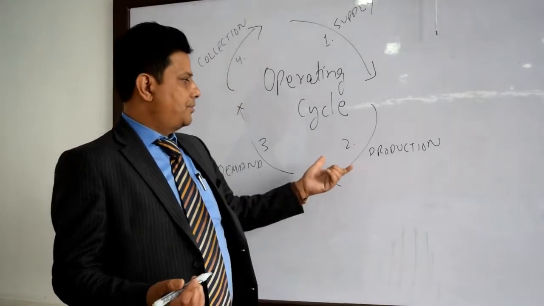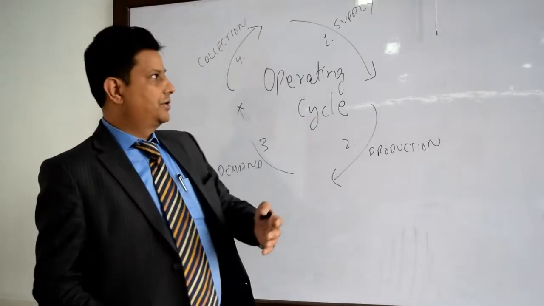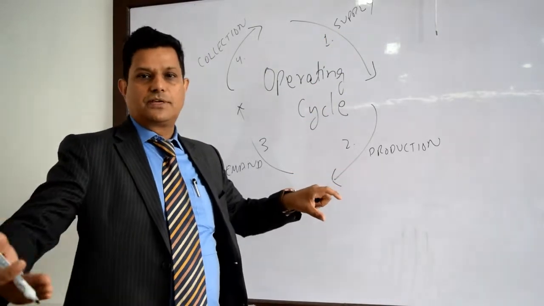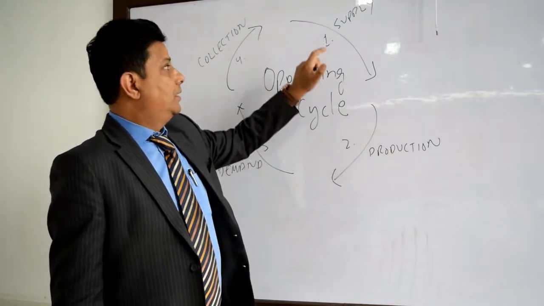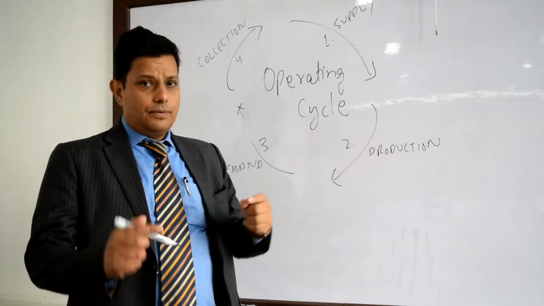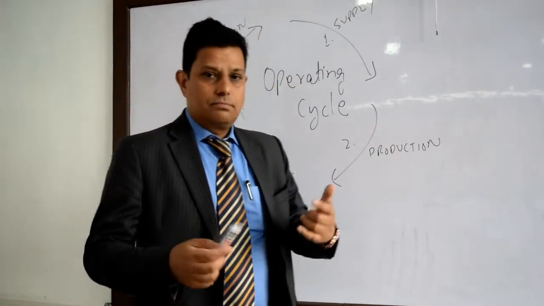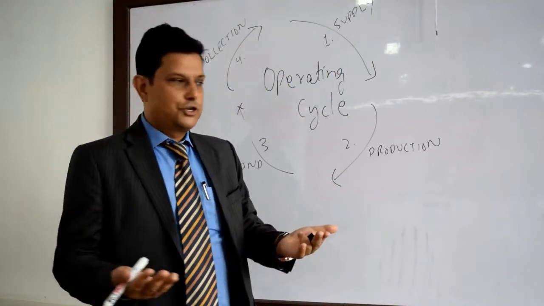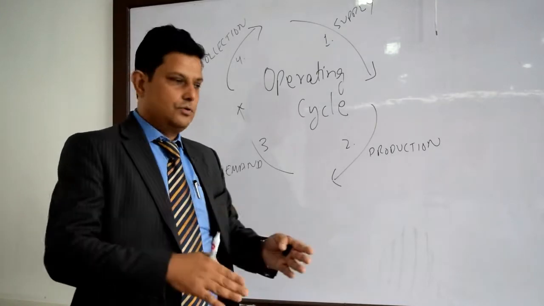When we produce things, we get the raw materials, and we do the production. So getting the raw materials is supply, and making the raw materials into semi-finished or finished goods is a part of production. We'll discuss the service industry slightly later; a manufacturing unit example is easier to explain to start with.